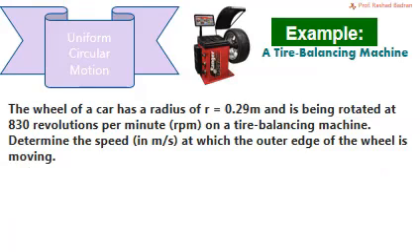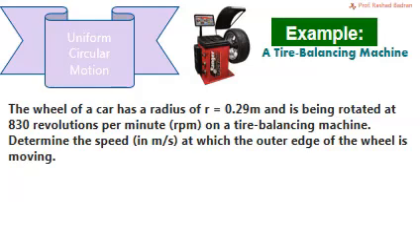So as we said before, we have a relation between the time of one period or one revolution and the speed of the particle moving in a uniform circular motion. This example is relevant to this idea.